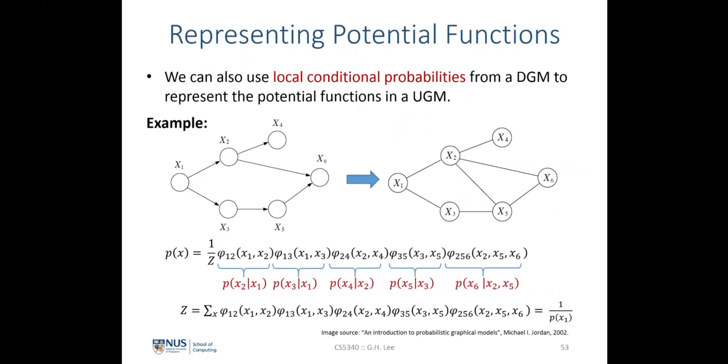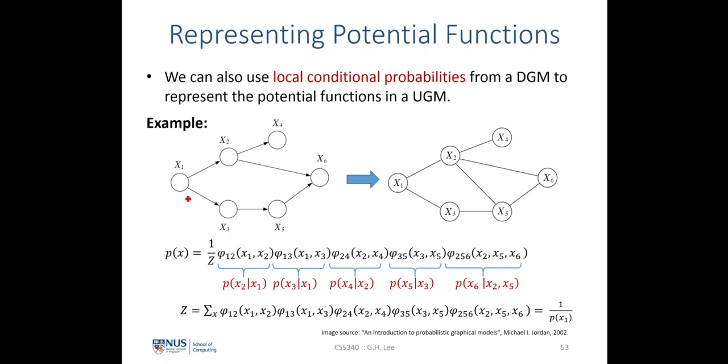It turns out that although we cannot preserve conditional independences when we convert between directed and undirected graphical models, as we have seen earlier, we can preserve the local probability distribution from a directed graphical model to an undirected graphical model. Suppose that we are given this directed graphical model with 6 random variables.